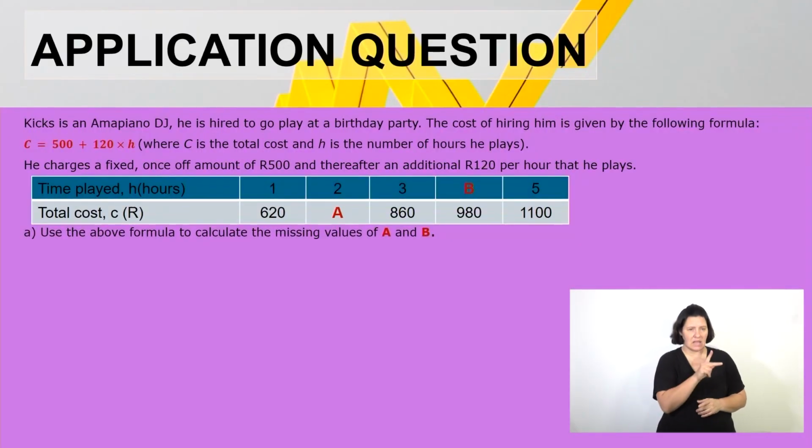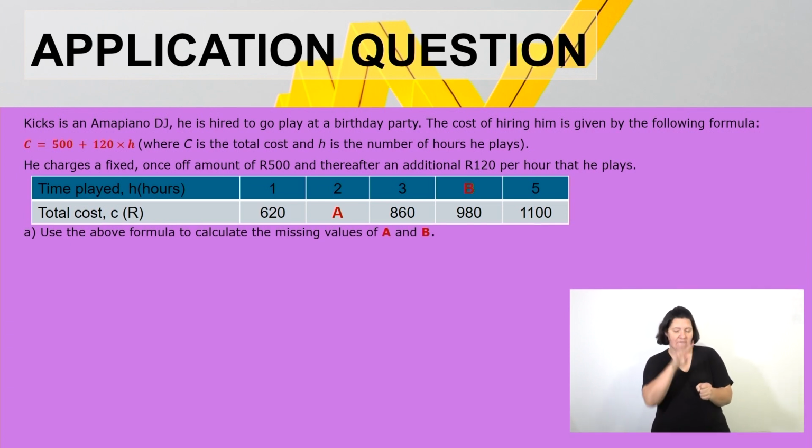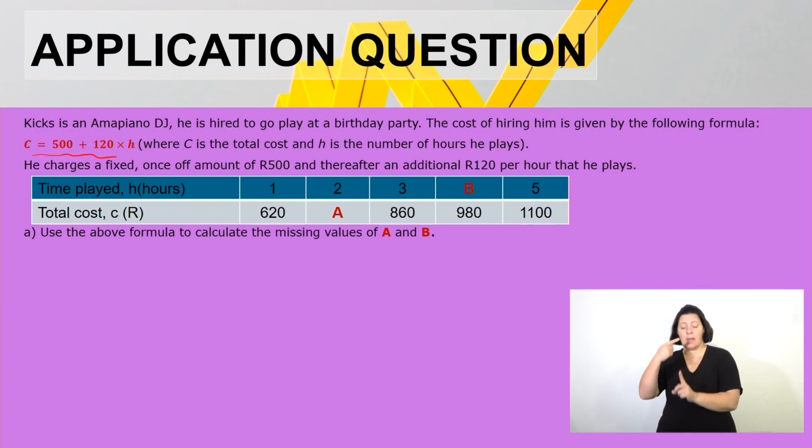Kix is an amapiano DJ. He is hired to go play at a birthday party. The cost of hiring him is given by the following formula: C = 500 + 120 rands multiplied by H. C represents the total cost and H represents the number of hours he plays.